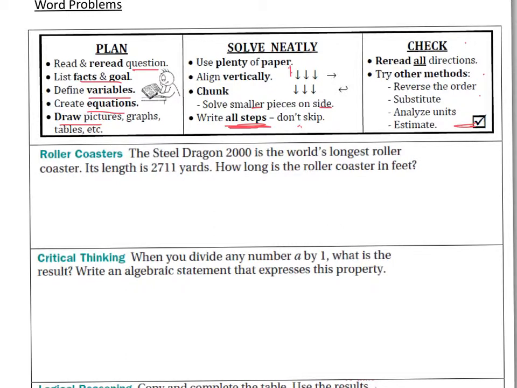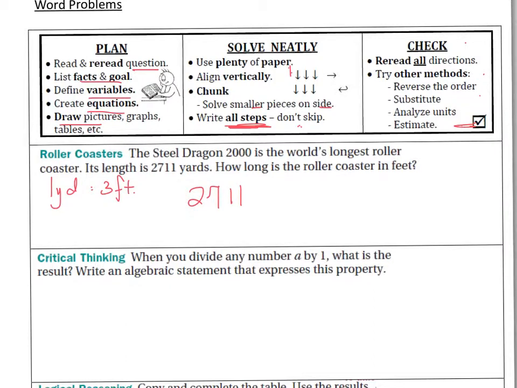Roller coasters. The Steel Dragon 2000 is the world's longest roller coaster. Its length is 2,711 yards. How long is the roller coaster in feet? I know that 1 yard equals 3 feet. I can use this conversion factor to solve this word problem.